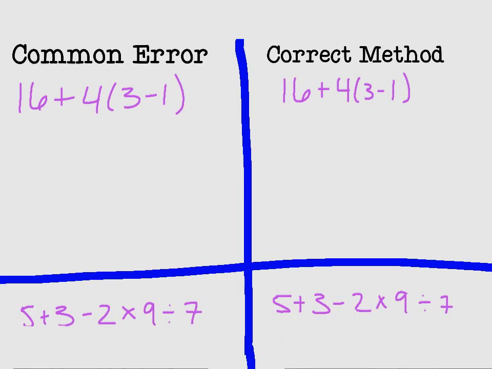But it has addition and subtraction and multiplication, and you have to separate those two. So you have to look for the multiplication first and then do that. Like here, for this first one, most kids would say, oh, 16 and 4, that's 20. 3 minus 1, that's 2. And then they would get 40, which is not a correct answer.